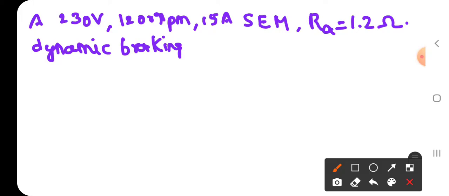Braking resistance has a value of 20 ohms.